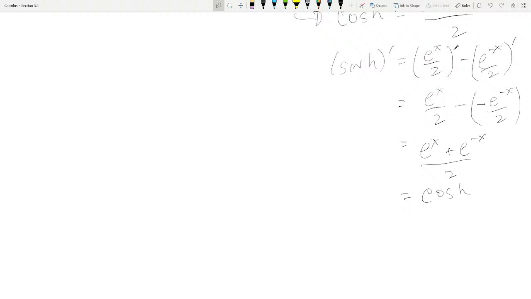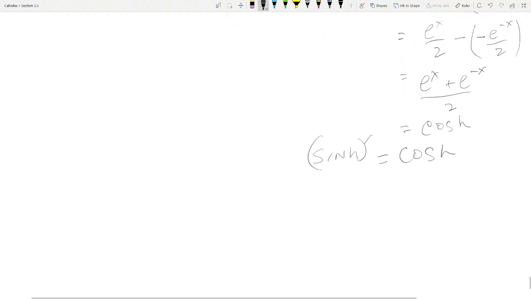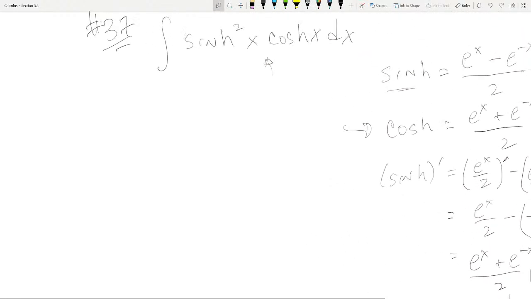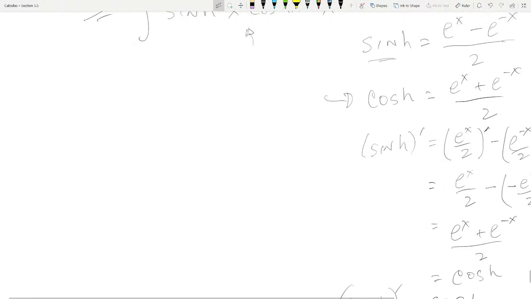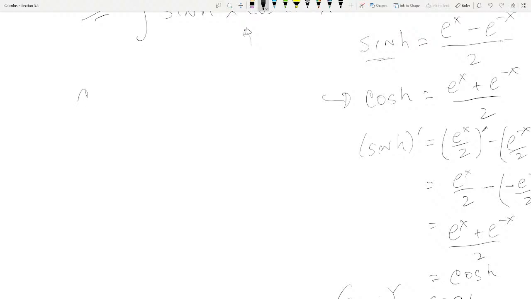Okay, so let's condense that. We have derivative of sinh is cosh. And then let's do the same thing over here. So cosh, the derivative of cosh is the derivative of e to the x over 2 plus the derivative of e to the minus x over 2.